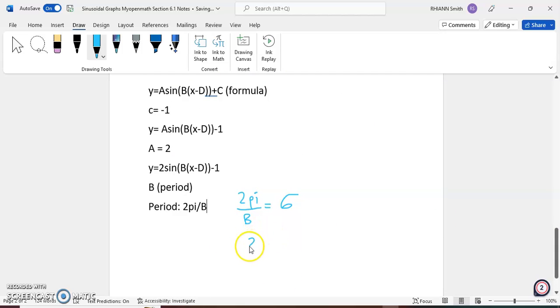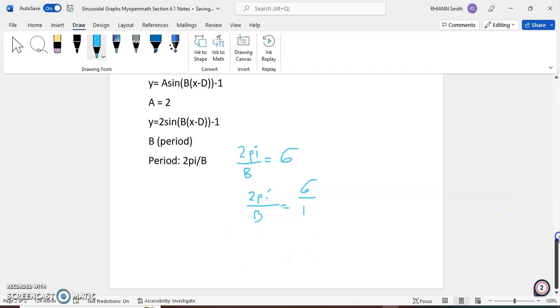And so we're going to have to multiply this. And I feel like the best way to do this is to simply make 6 a fraction. Now all we're going to do is cross multiply.